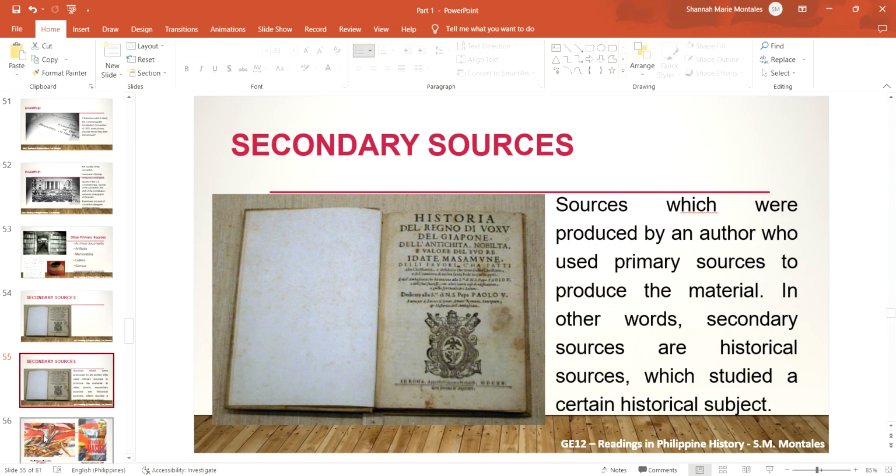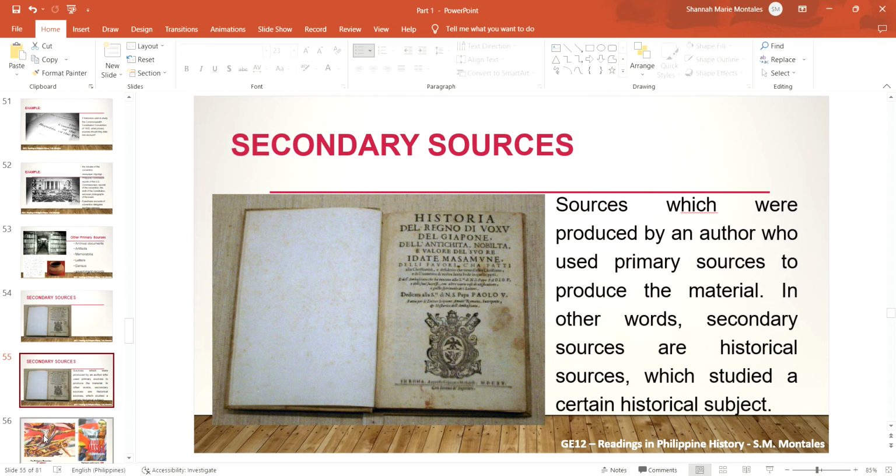So technically, these secondary sources are sources that were produced by an author who just used primary sources to produce the material. In other words, secondary sources are historical sources which studied a certain historical subject.